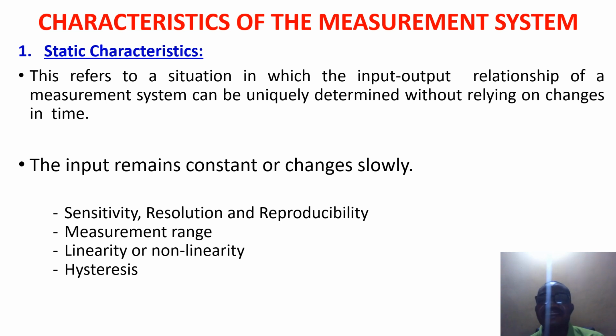Let's look at some characteristics of the measurement system. The first main characteristic we'll look at is static characteristics. This refers to a situation in which the input-output relationship of a measurement system can be uniquely determined without relying on changes in time.